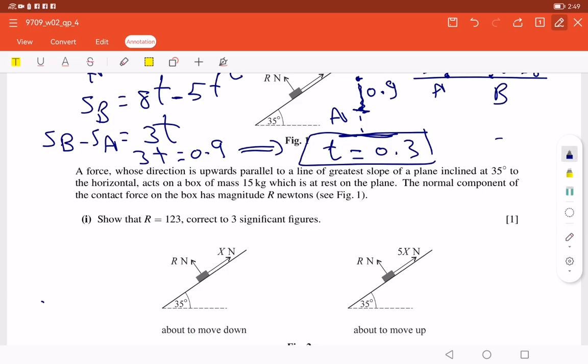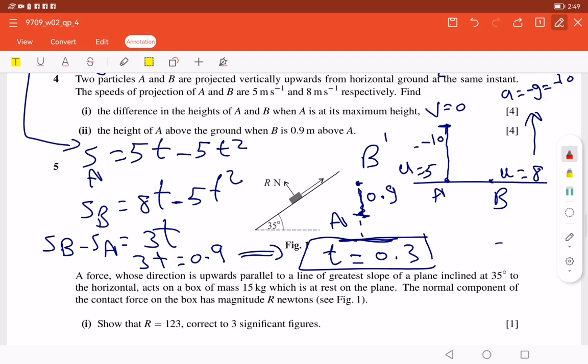Question number 5, to understand it, you must read the question correctly. Question number 5, we have a figure. This figure is question number 5.